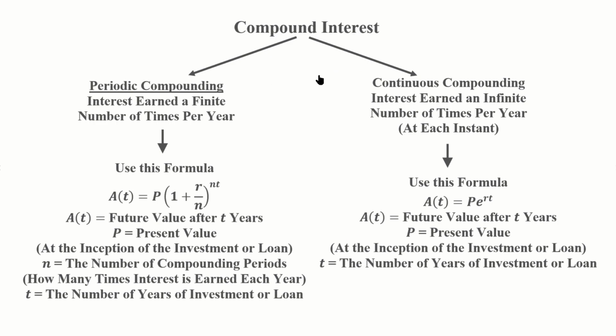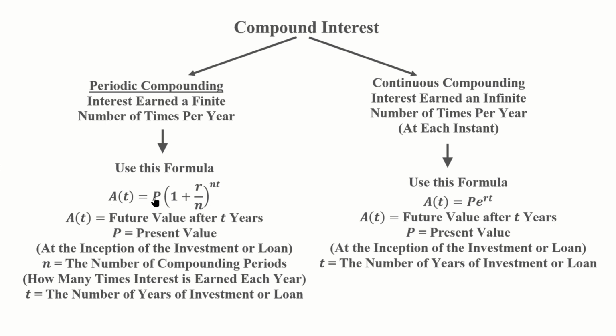All right, here's some information that we have seen before, but here it is again to remind us. Remember, compound interest comes in two types: periodic compounding and continuous compounding. Basically, for periodic compounding, interest is being added a finite number of times per year. So you would use this formula. And we saw where that formula actually comes from in our other video.